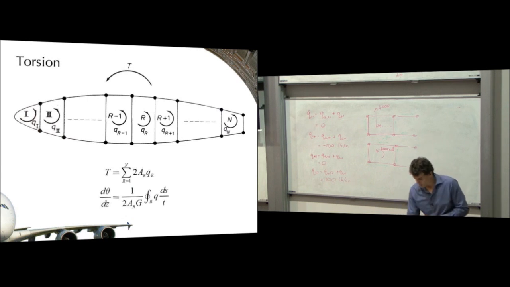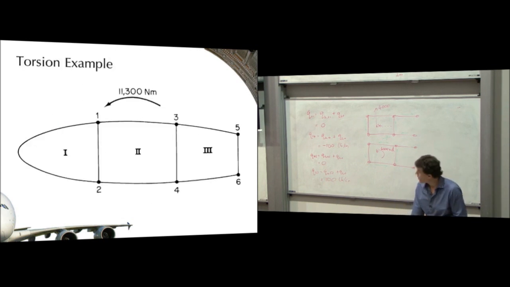A more realistic wing problem might be something like this one here. For a large wing, you'll have a leading edge section, a front spar, a main spar, and some kind of dummy rear spar. That might be a more realistic wing problem for a large aircraft wing.